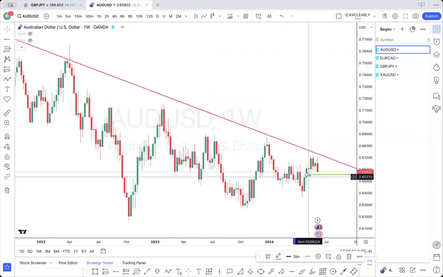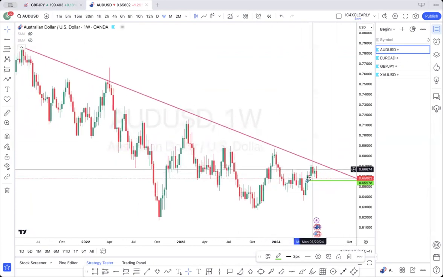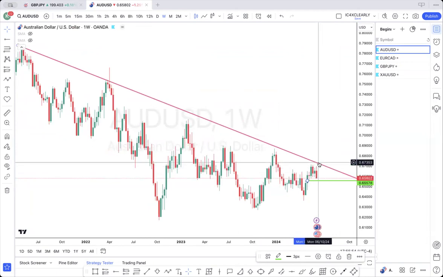Now, for the past few weeks, price has been bullish, but the overall market is bearish, and it's coming up on a trend line, so I would tread lightly.